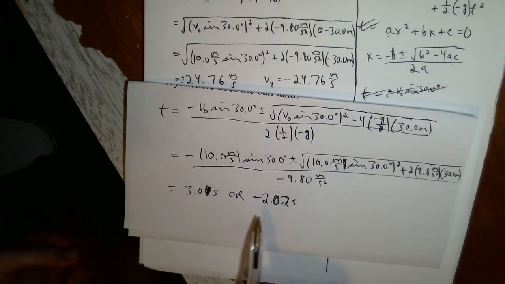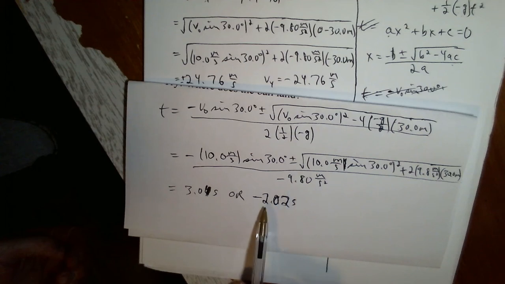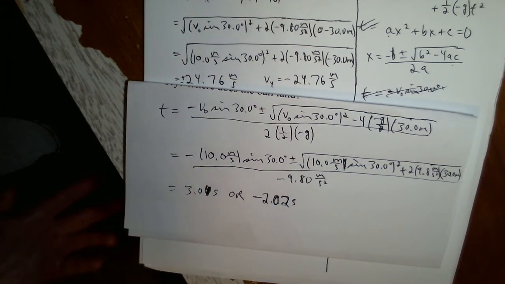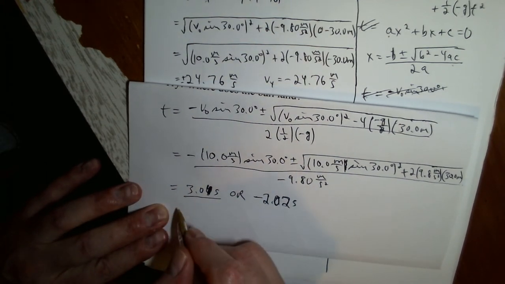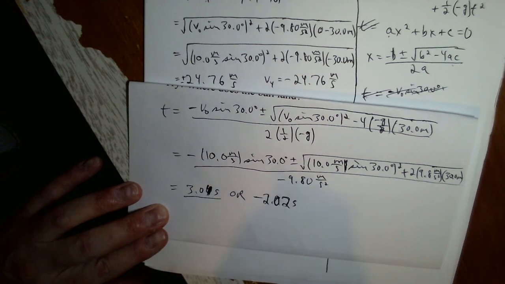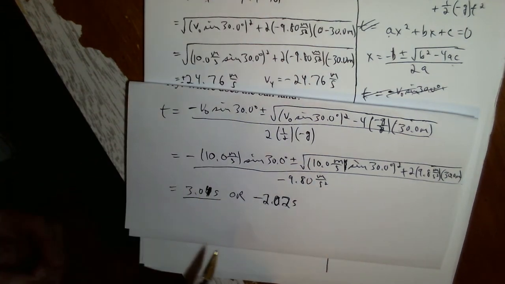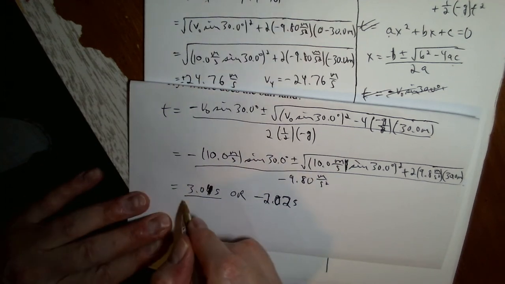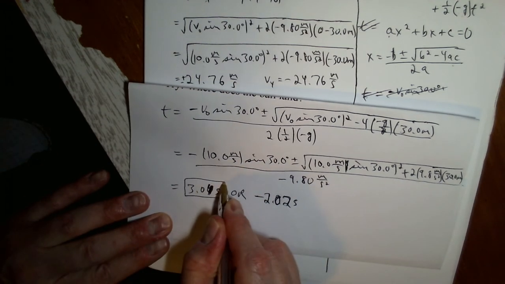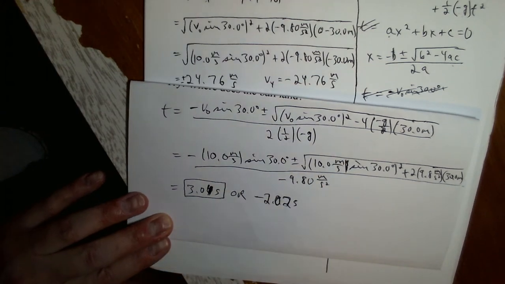So a negative value of the final time indicates that the ball landed before it was thrown. That doesn't make sense. So the time is the 3.04 seconds, and this is the time at which the ball hits the ground. The time at which the ball was thrown was 0, and so the time at which the ball hits the ground is also the amount of time it took for the ball to fall.